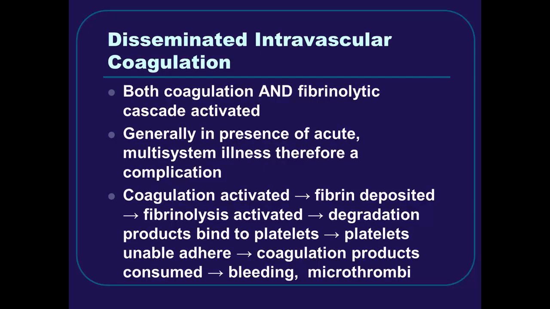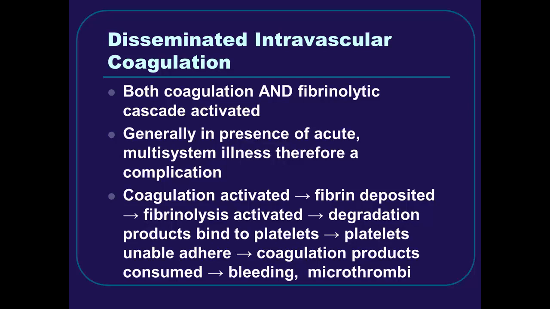The last disorder we'll talk about is DIC, or disseminated intravascular coagulation. DIC is both a coagulation and a fibrinolytic cascade-activated disorder. Now, generally we see DIC in high acuity environments.